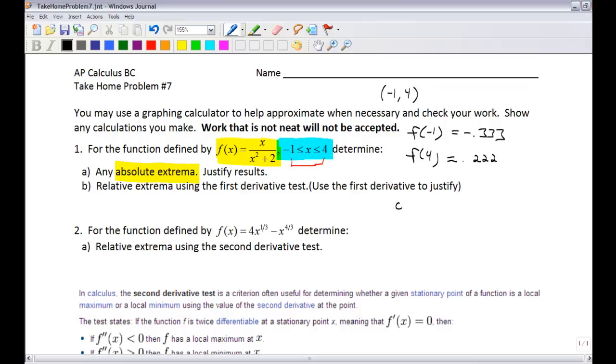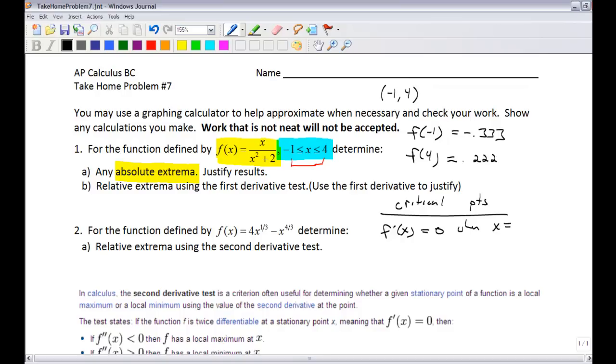So for critical points, this is our work. F prime of x equals 0 when x equals what? Okay, so I'm just going to grab my calculator.